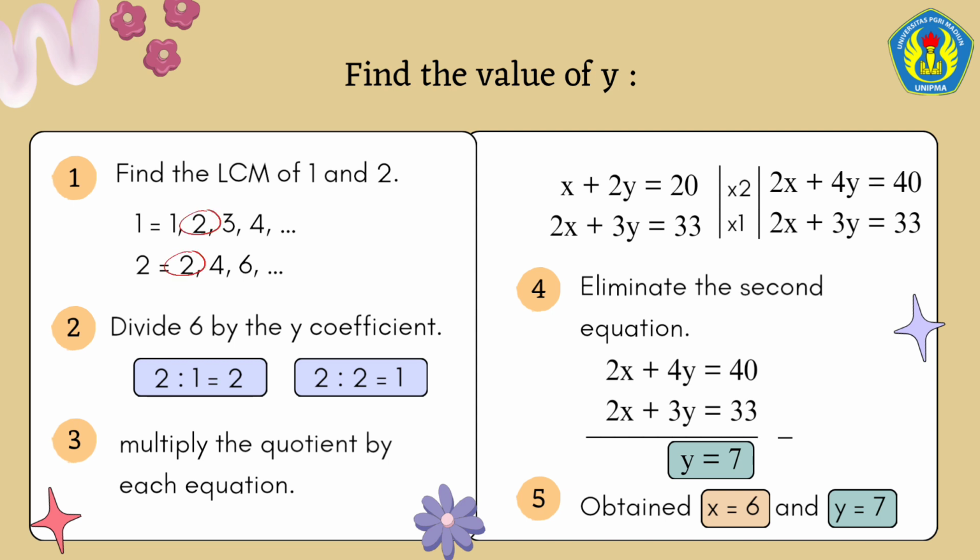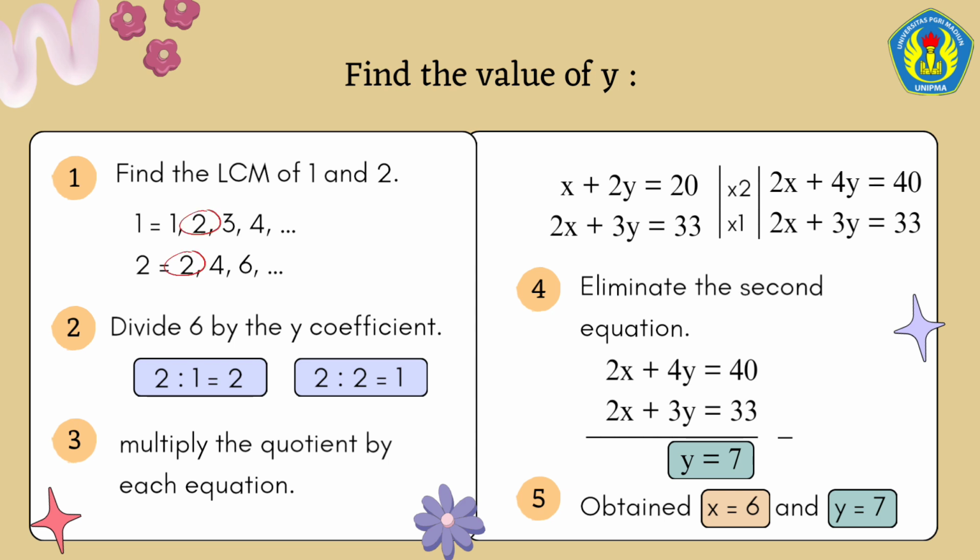Then multiply and eliminate using the result of dividing each equation. x plus 2y equals 20, multiplied by 2. 2x plus 3y equals 33, multiplied by 1.